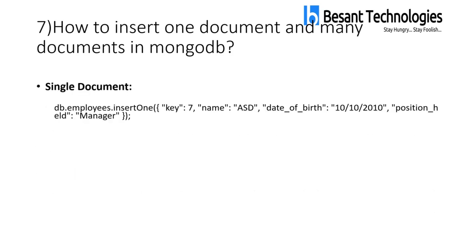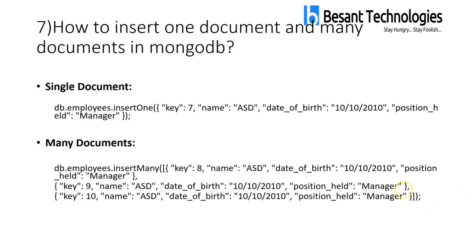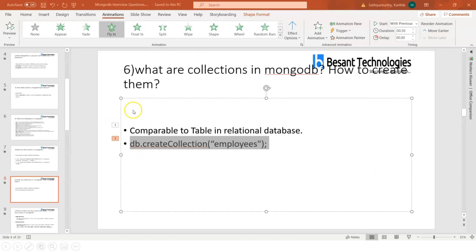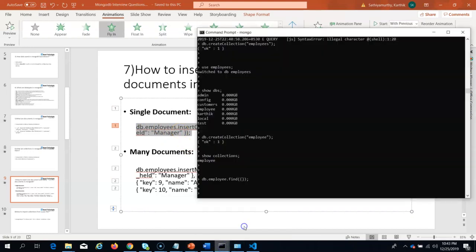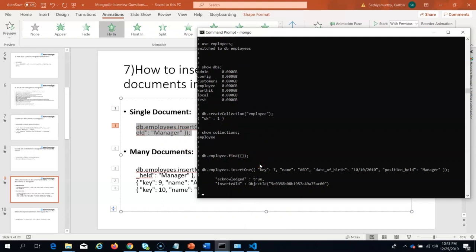How can you do it? For a single document, you use db.employees.insertOne and that JSON object. So let me do that. If you put it like this, it will insert one entry.